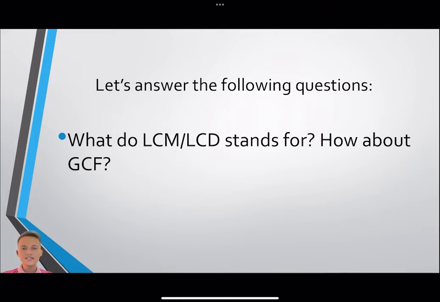And for LCD naman, kinukuha muna natin yung LCM para makuha yung LCD, or LCD is the least common denominator. Yung pinakamababang common denominator. How about GCF? GCF stands for greatest common factor, o yung pinakamataas na common na factors ng 2 or more numbers.